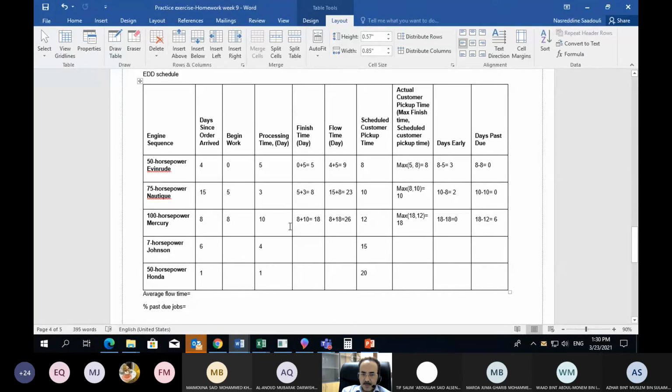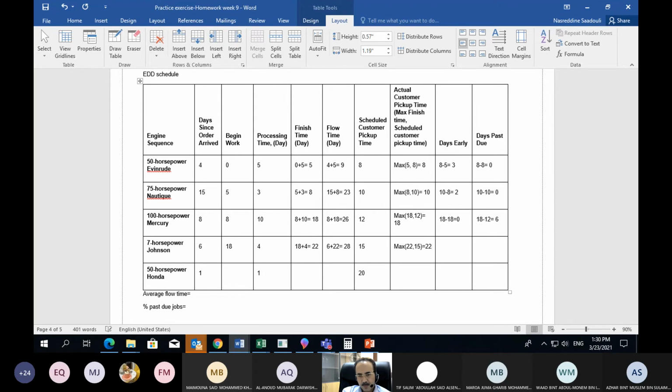For the next job, it's going to start on hour 18. It takes 4 hours, so it will be finished on hour 22. The flow time will be 6 plus 22, so 28. This will be the maximum of 22 and 15, so this job is also late, 22.